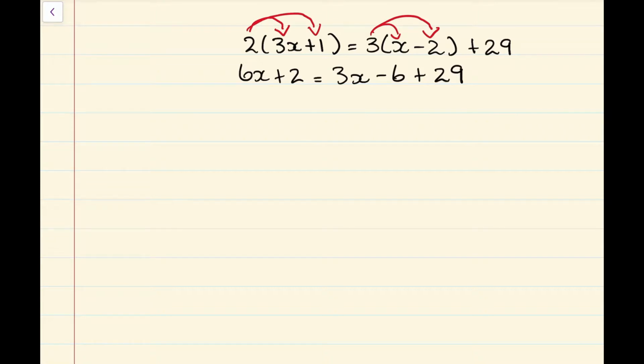Okay, so let's subtract 3x from both sides of the equation so that these two will cancel out, giving us a resulting equation of 6x minus 3x plus 2 is equal to negative 6 plus 29.